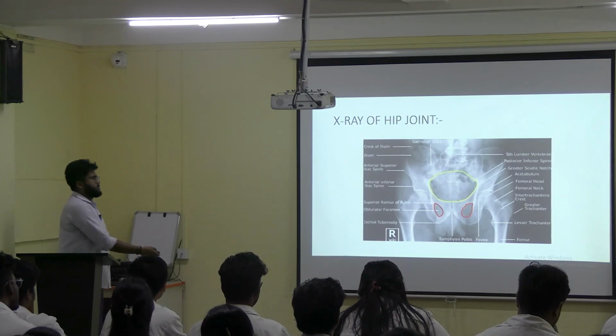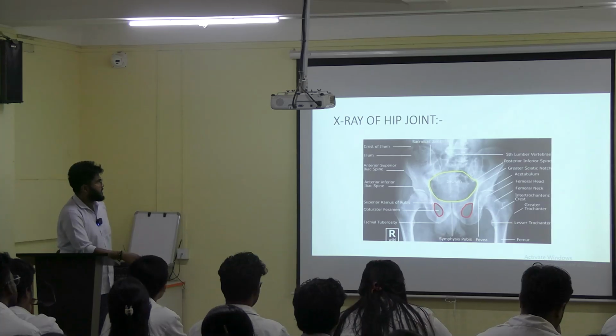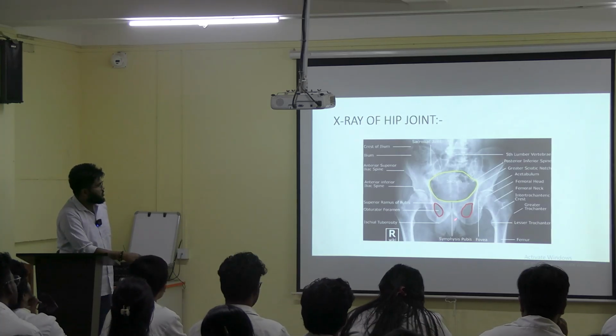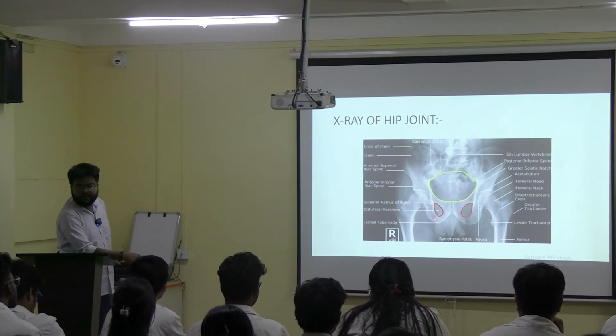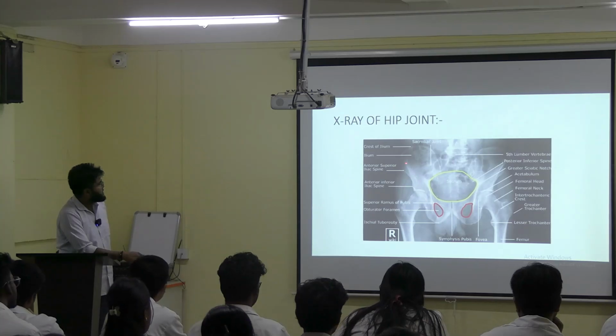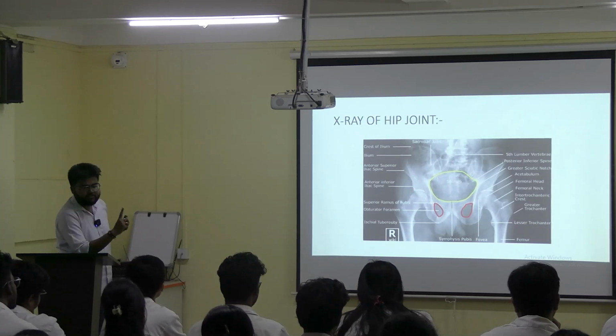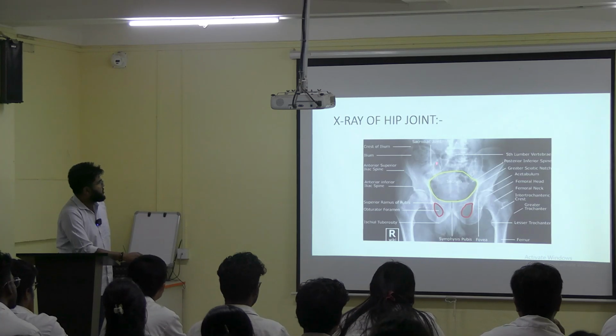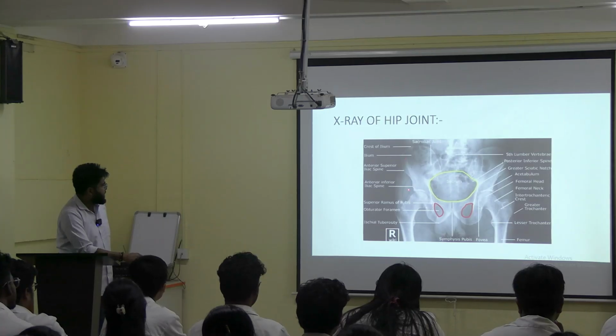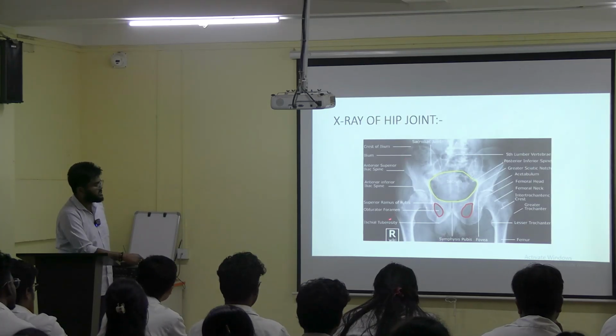Now identify what other things are present here. This is the obturator foramen. This is the anterior inferior iliac spine, because this is the anterior superior iliac spine, and this is called the iliac crest, or crest of the ilium. Here you can see the ischium bone, and this tuberosity is the ischial tuberosity.